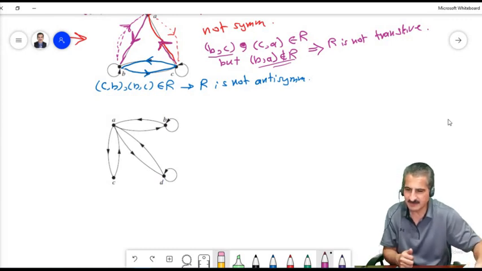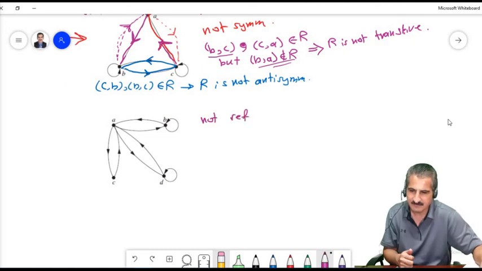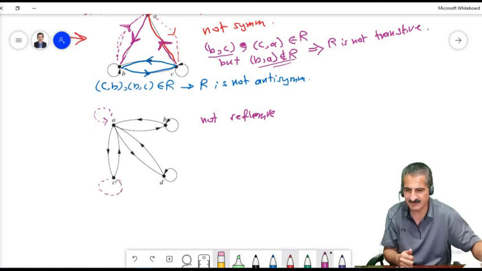This is not reflexive, because I don't have that. When I make an arrow which is dotted, I mean we are missing this. So not reflexive. What about symmetric?